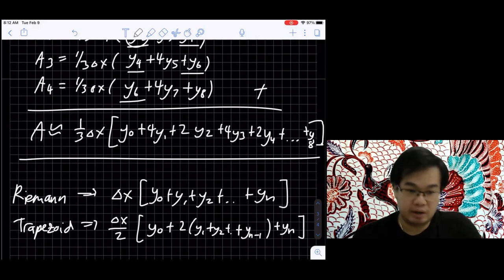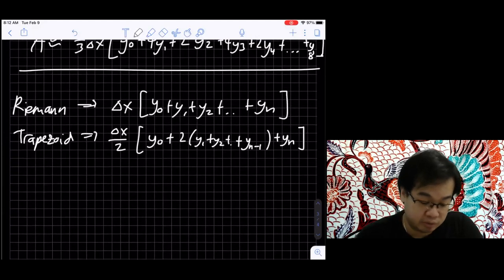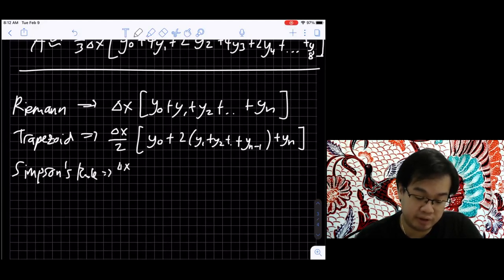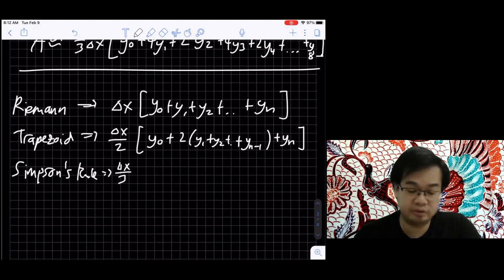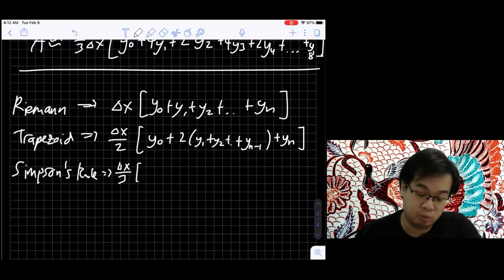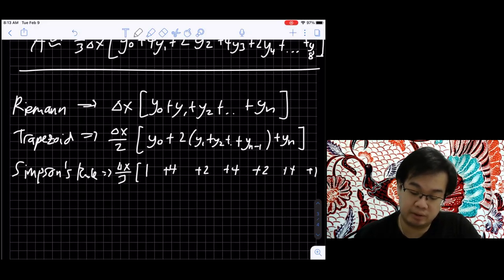Okay. Now, how about Simpson's rule? Simpson's rule is basically delta x divided by 3. Yeah, so there is a pattern in the formula: delta x divided by 2, delta x divided by 3. For trapezoid the coefficients are 1, 2 2 2 2 2 2 2, 1, and for Simpson's this one is actually 1 4 2 4 2 4 1.